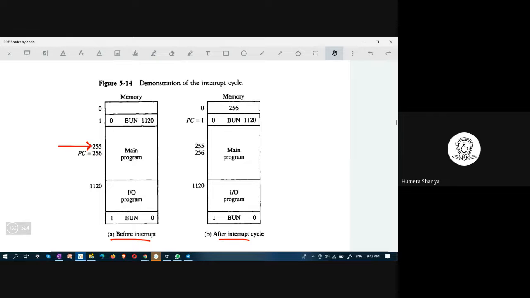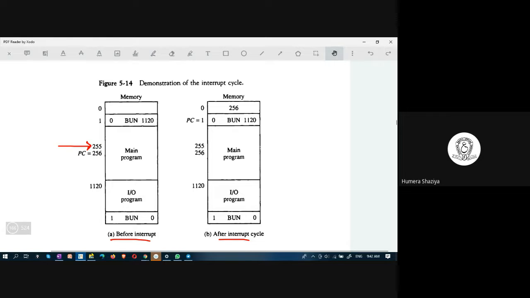This is the main program whose instructions are being executed by the processor. This is an IO program, which is used to address the queries or the interrupts raised by IO devices. IO devices require some operation to be carried out, which is located here in the IO program. Its address is 1120.